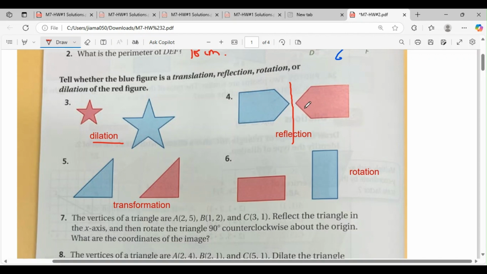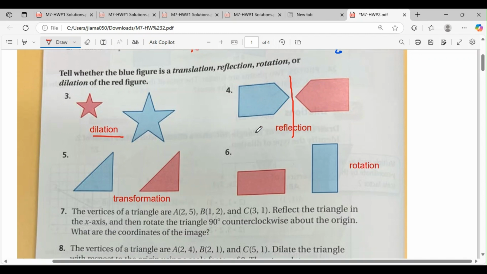We can know that this line is just like a mirror, so they are reflecting. So question 4 is reflection.